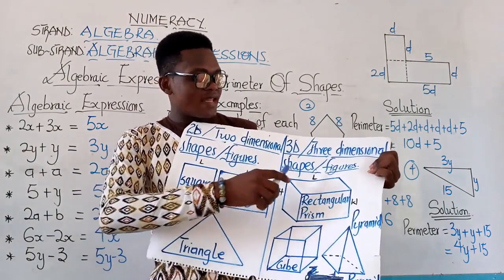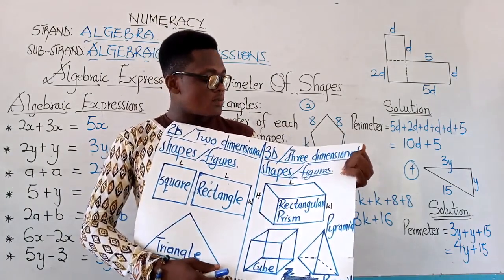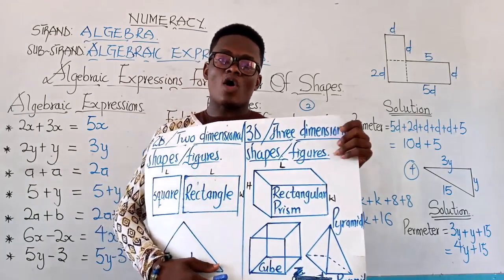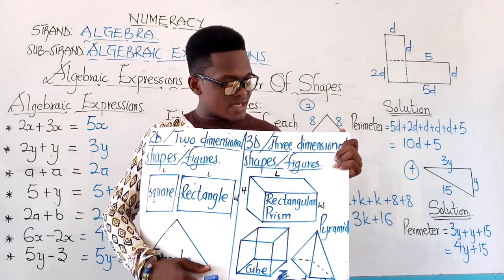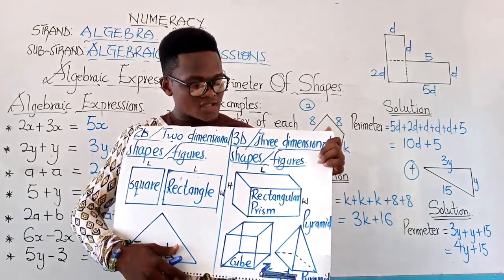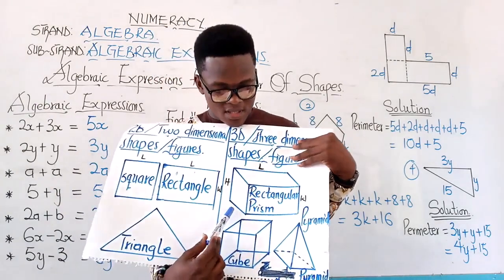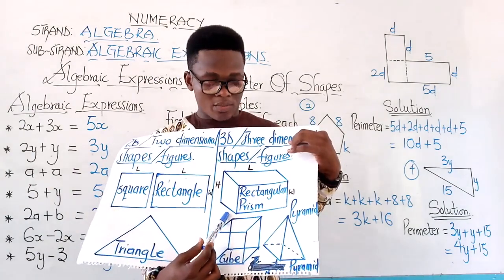A three-dimensional solid shape or object is a solid figure or object that has three dimensions, and these three dimensions are length, width, and height. As you can see, these are examples of three-dimensional objects.